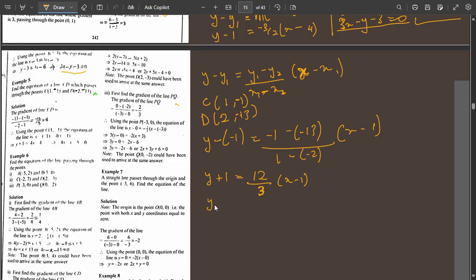If you make it simpler, 12 over 3 is 4, then x minus 1. Perfect. So y plus 1 is equal to 4 into bracket x minus 1.